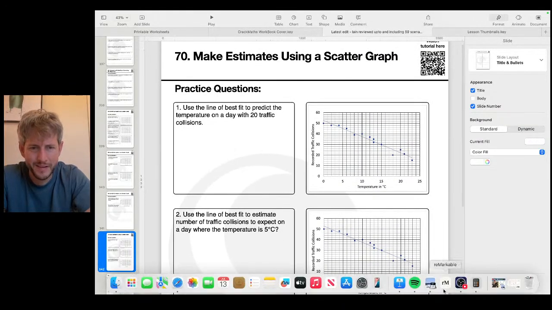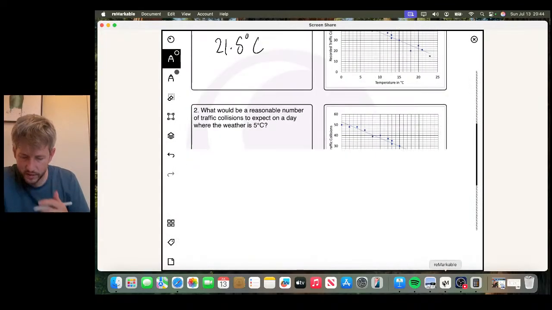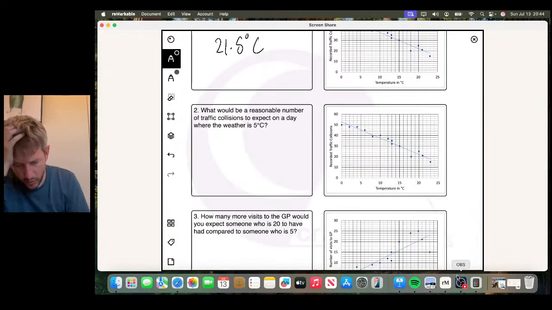Okay, let's get back to the remarkable. Okay, here we go. So 21.5 degrees. Okay, that's been changed anyway. So 5 degrees.